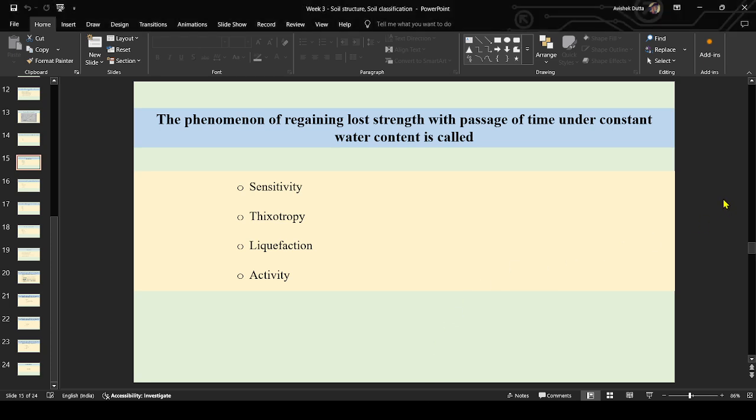I will repeat the question. The phenomenon of regaining lost strength, of course, here I'm talking about soil. The phenomenon of regaining lost strength with passage of time under constant water content is called.